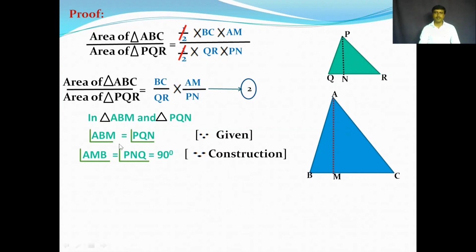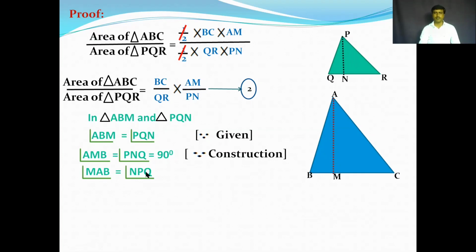If two angles are equal, then the remaining angle must also be equal. B and M I have taken, Q and N I have taken here. Other than these two, the remaining angle is A, and in QN, the remaining angle is P. They are also equal, and we don't need any reason for this because the sum of three angles is 180.